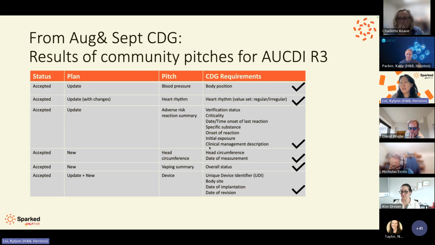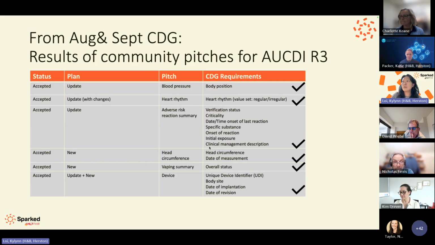We've added regularity to the heart rhythm for the pulse. For the adverse reaction risk summary, we've added additional data elements. We now have a head circumference data model and a vaping summary, and the device requirements have been folded into the implanted medical device and medical device models.